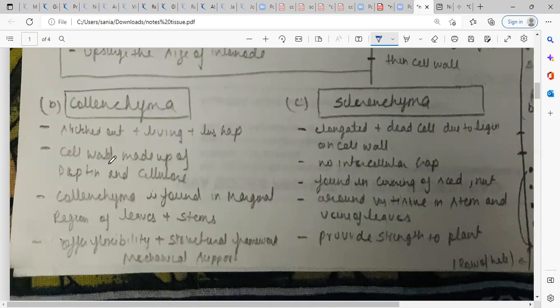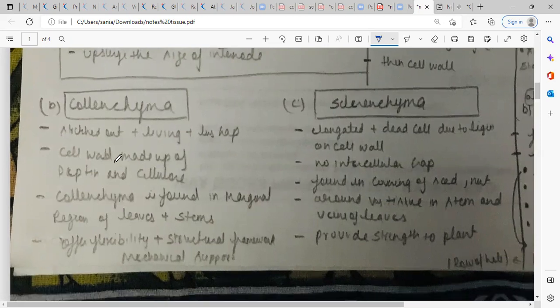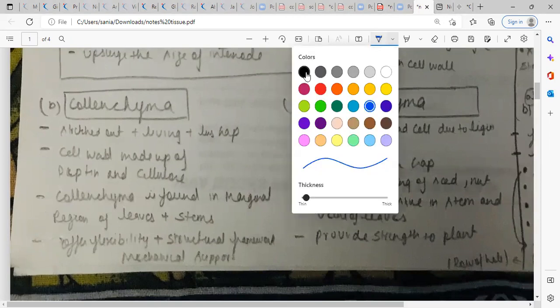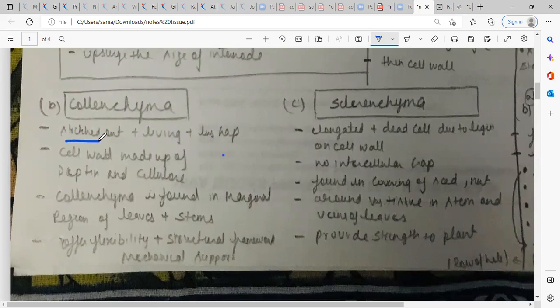I can understand that a few words are not that clear, so in case you're not getting it, let me know and I'll tell you what is written. Collenchyma is basically stretched out, made up of living cells, and has less gap. Over parenchyma, it had so much gap, but here it is less gap.